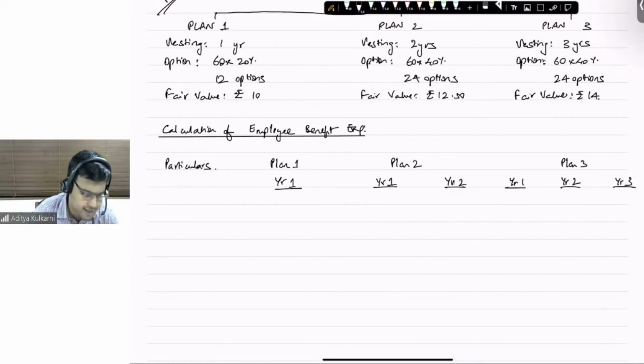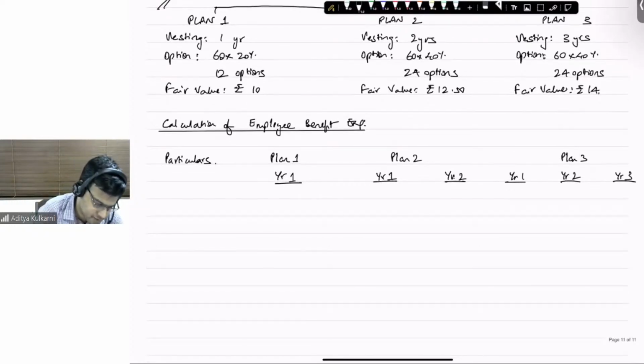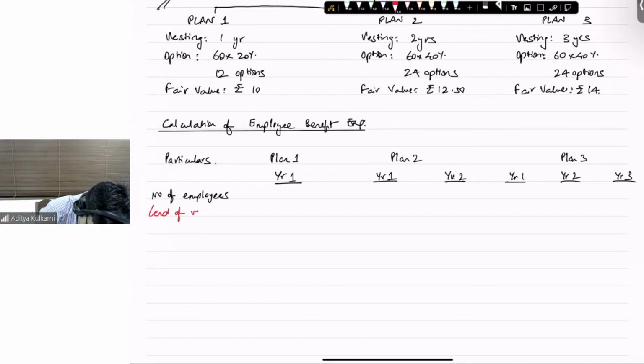So the first data that is needed is number of employees. This has to be typically end of vesting.